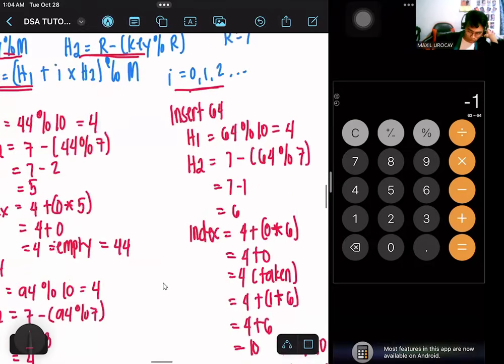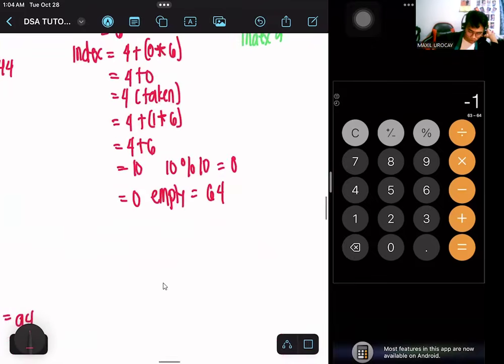Let's proceed to 74. So insert 74. 74 will be calculated hash 1 first. Don't forget that we're using hash 1. So 74 modulo 10 will become 74 divided by 10, 7 times 10, 70, 74 minus 70 is 4.